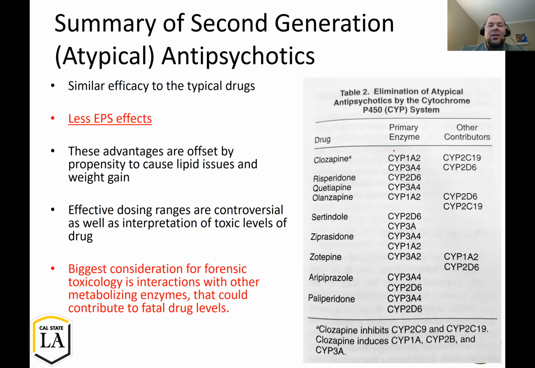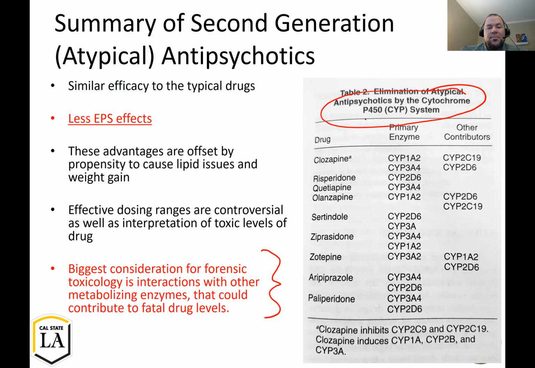So a summary of the second generation atypical antipsychotics: similar efficacy, less overall EPS side effects. Biggest consideration for forensic toxicology, another reason why you want to know about these drugs, is look at the crazy things they can do to all the cytochrome P450 enzymes. You have induction and inhibition of the same and different cytochrome P450s.